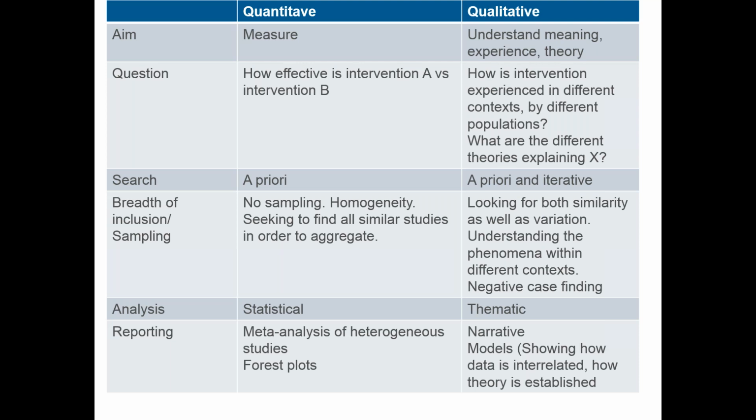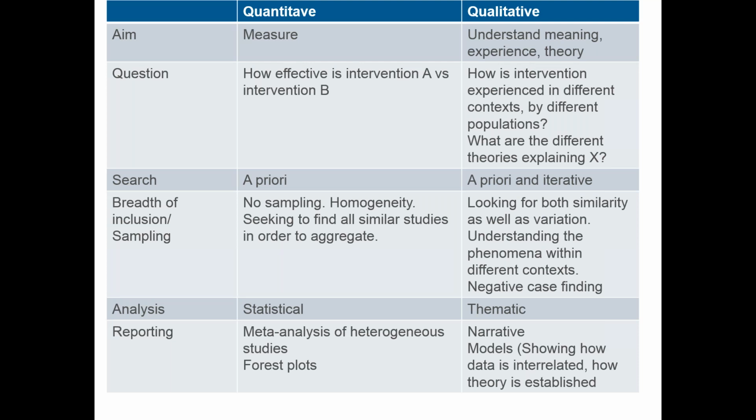So we can take an example of, say, a TB vaccination. If people in Lebanon are having the vaccination as compared to people in Alaska, how is that experienced? What is the difference in their health system?